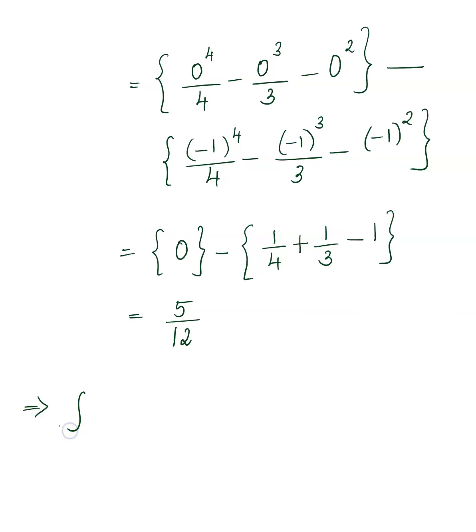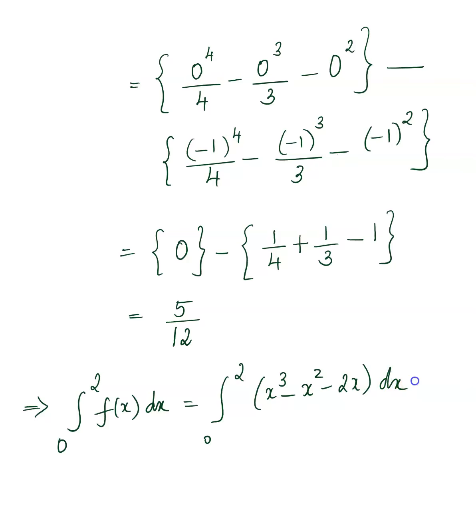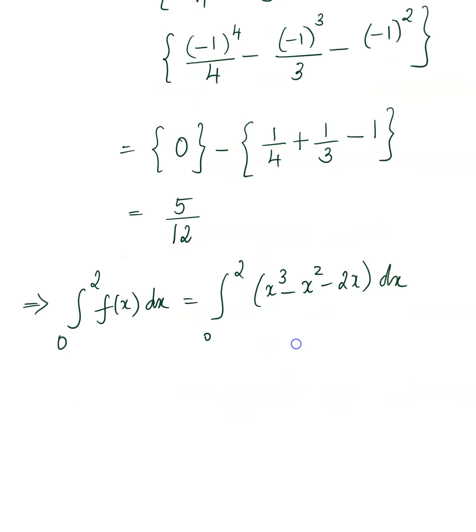Now for the second subinterval, 0 to 2, f of x dx, which is the integral from 0 to 2 of x cubed minus x squared minus 2x dx. And because we just did that, please try to simplify the steps as much as possible. That will give us x to the power 4 over 4 minus x cubed over 3 minus x squared, limits 0 to 2.